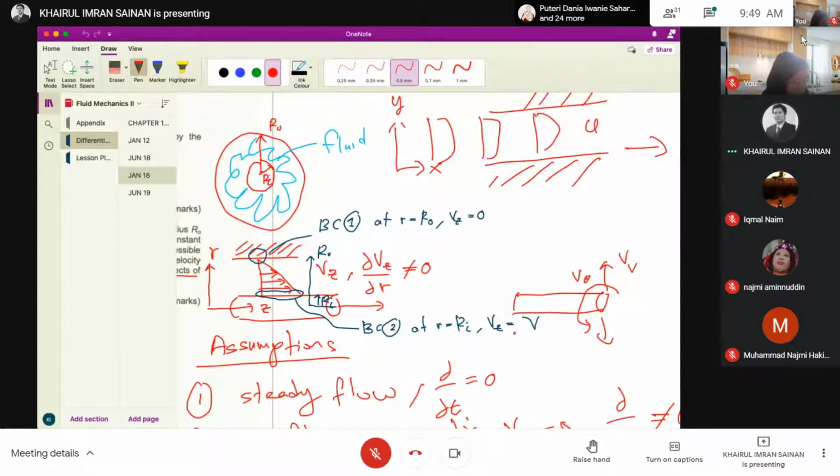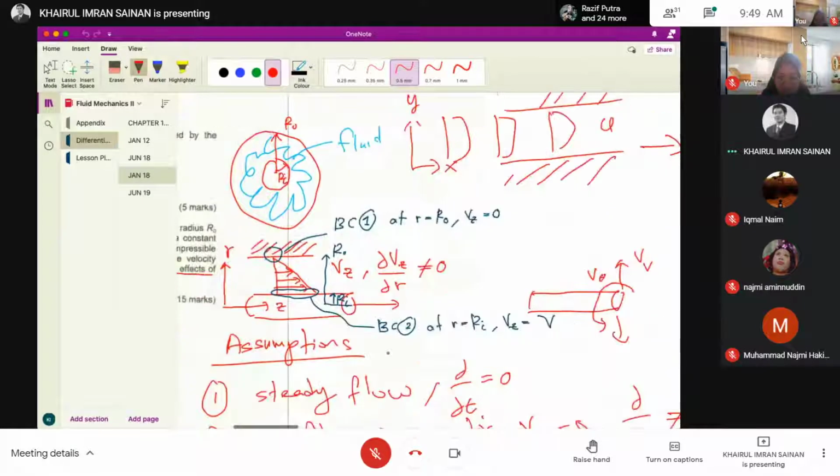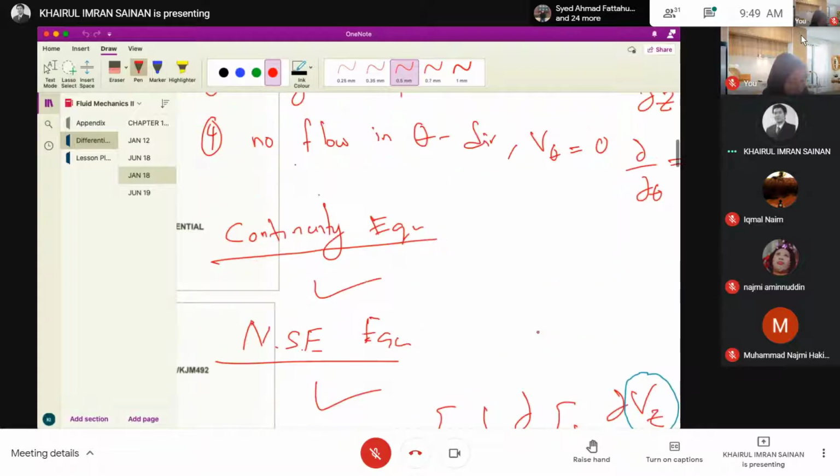That is wrong, because it has already been stated here that the velocity is actually V. So those are the boundary conditions.